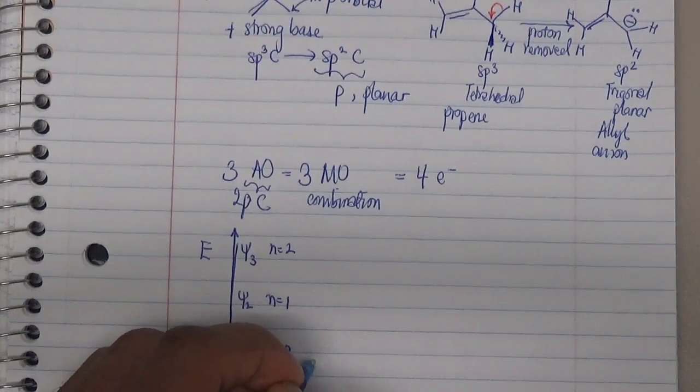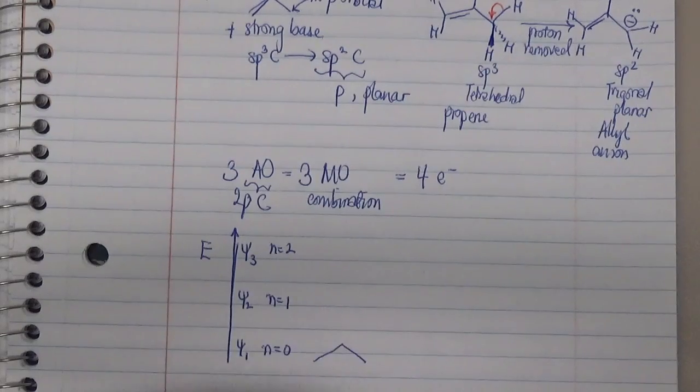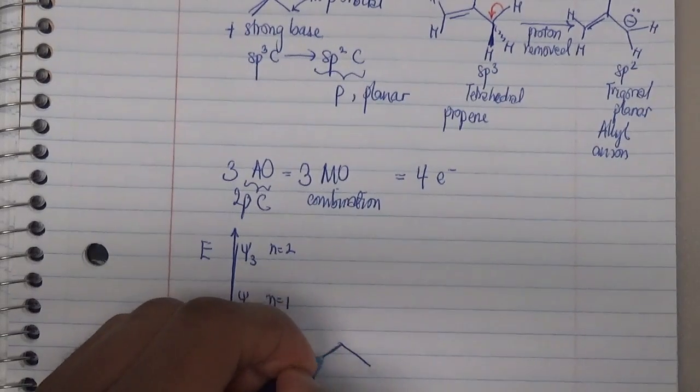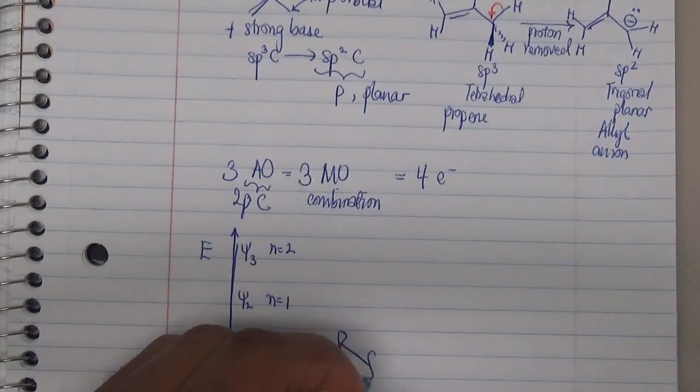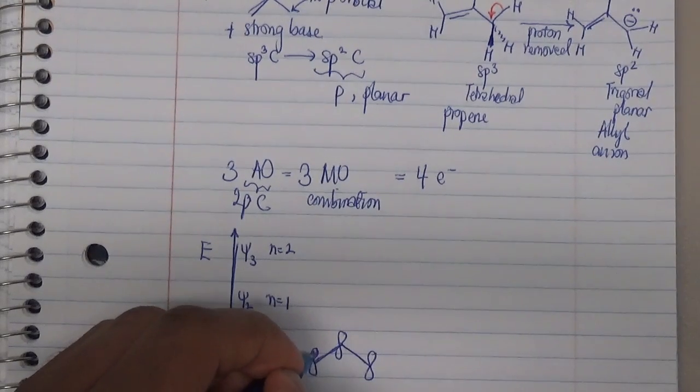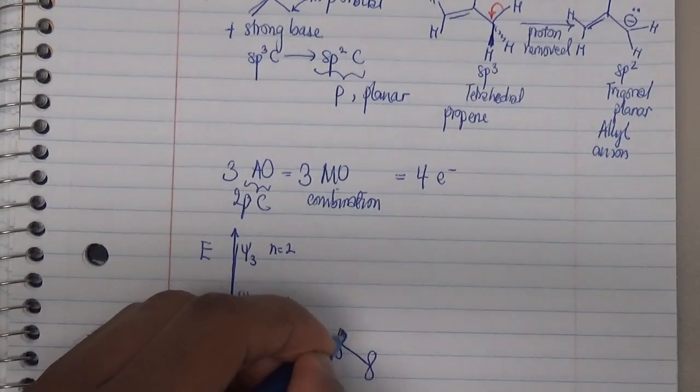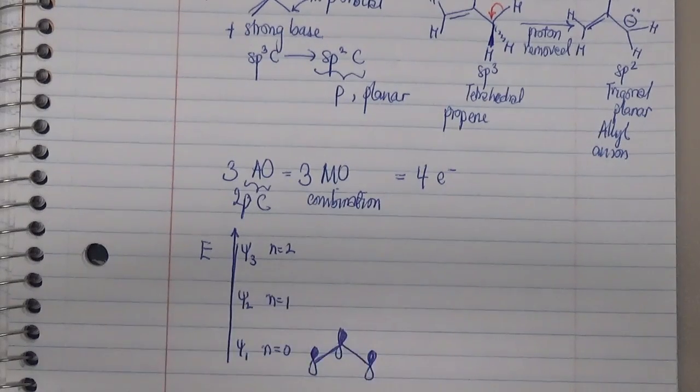And we have our first one where all 3 are in phase with respect to each other, because we don't have any node at all.